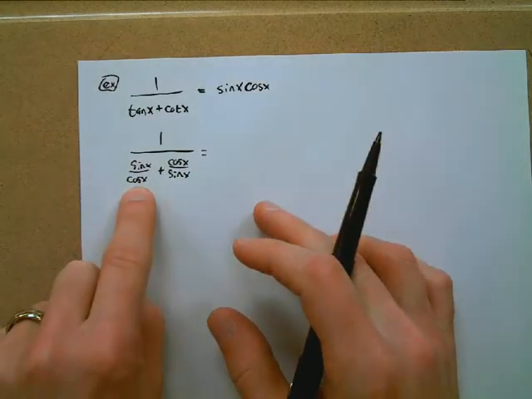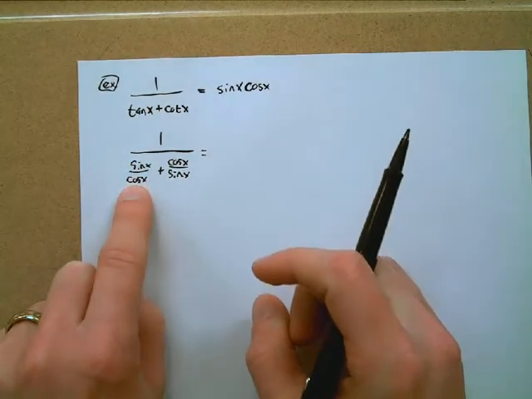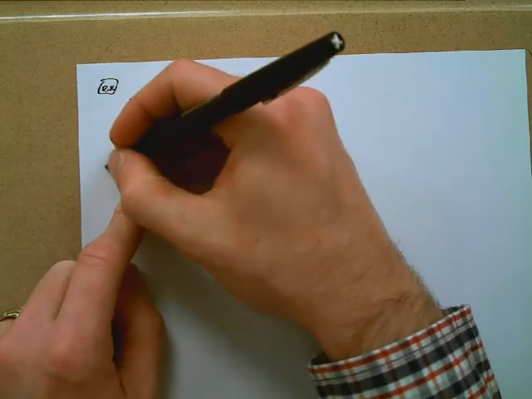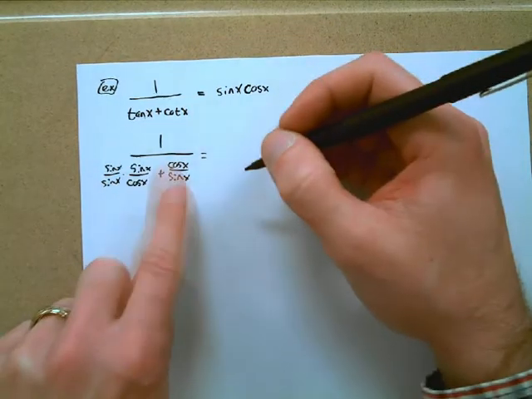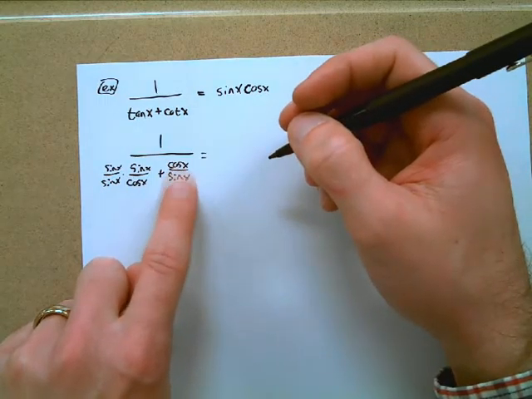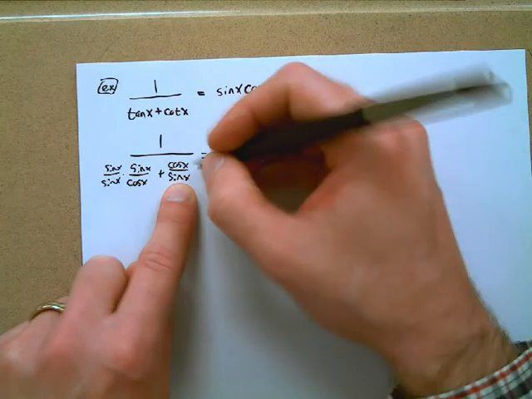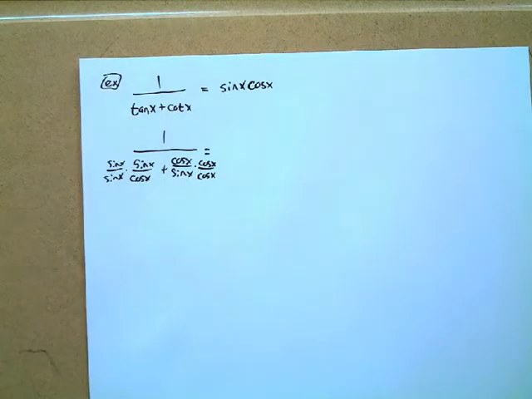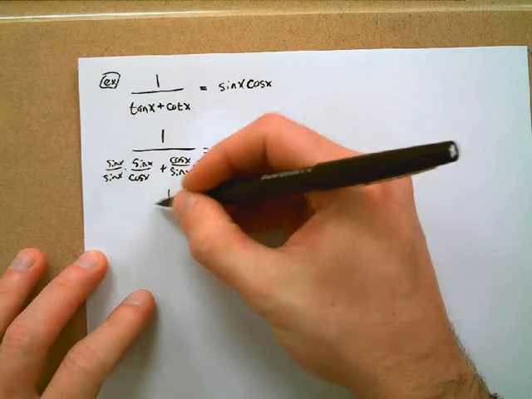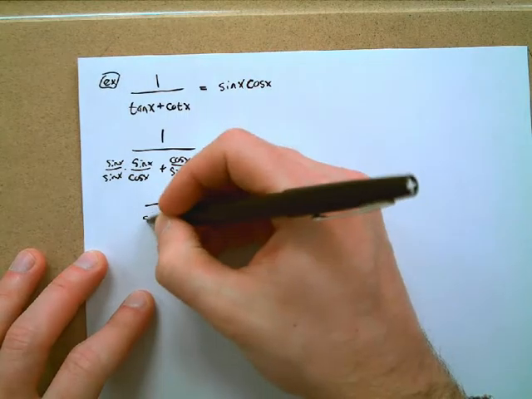And what's this fraction missing in its denominator? Cosine. Okay, so we'll do that. We end up with 1 over sine squared x plus cosine squared x, all over sine x cosine x.